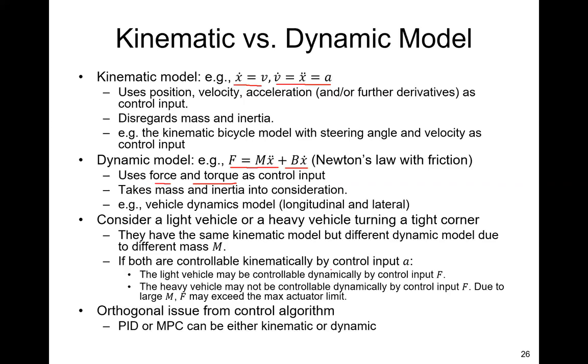It really fits your intuition. For turning a tight corner, a light vehicle may be able to do it, but the heavy vehicle may lose control. That's the difference between kinematic model and dynamic model.